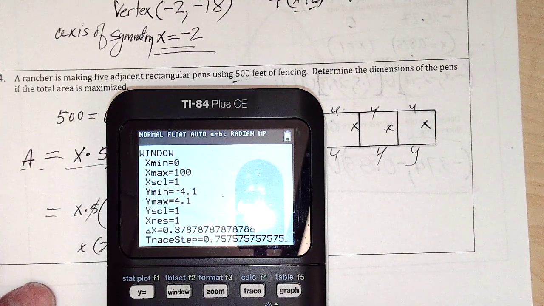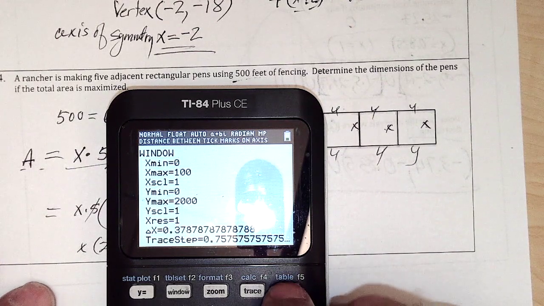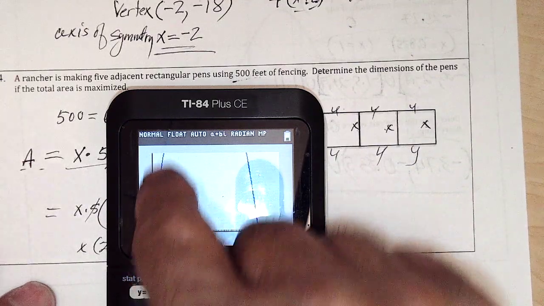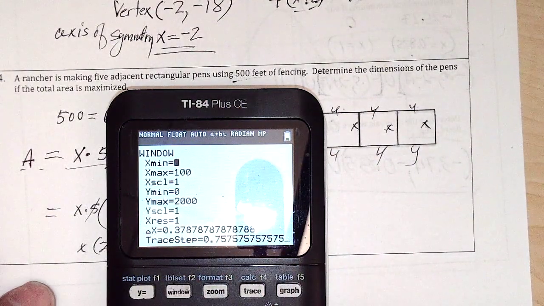And my y is going to be something between 0 and, I don't know, maybe 2,000 square feet. Let's graph. It's more than 2,000, but you can see it going up and coming down. Let's go higher. Let's go to 5,000.